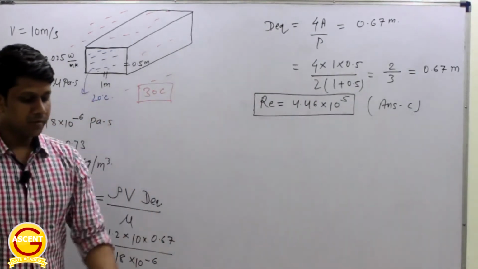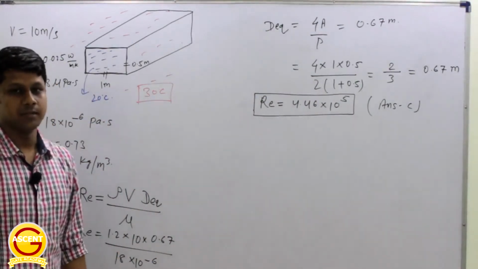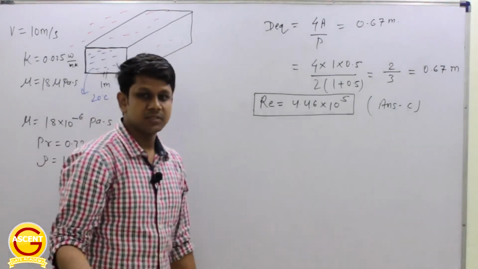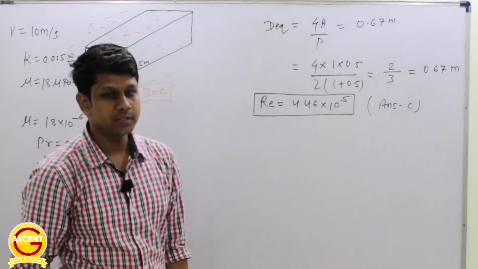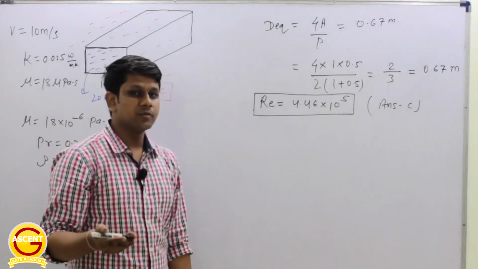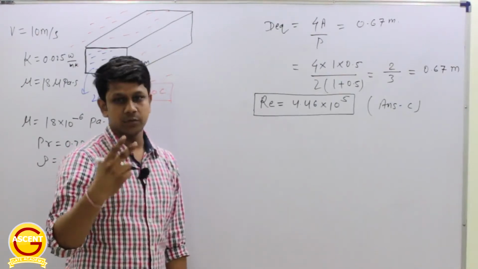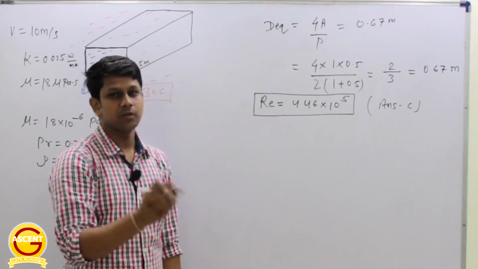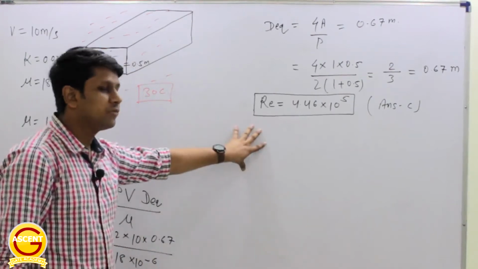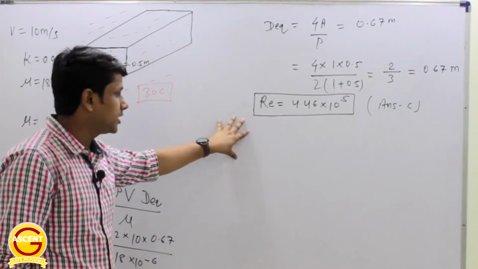In the second part we have to calculate the heat transfer per unit length, and for that we must know the heat transfer coefficient. To calculate it, first we calculate the Nusselt number. For Nusselt number we have two equations, one for laminar flow and one for turbulent flow. So we have to observe whether it is laminar or turbulent.